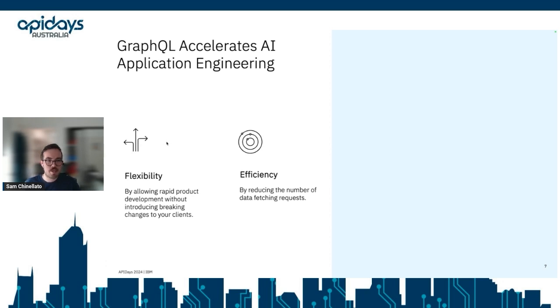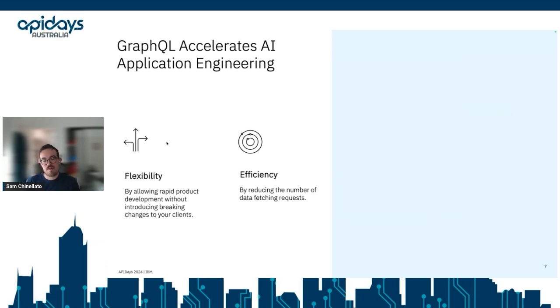By having a schema, you have a looser contract between your client application and your server application, which means that as you experiment with, say, your front end and you're building your chat interface, you're less likely to make breaking changes to your RAG pipeline or your RAG server.